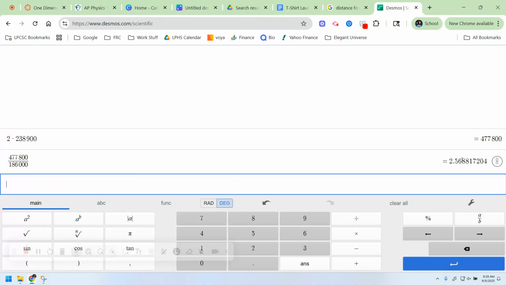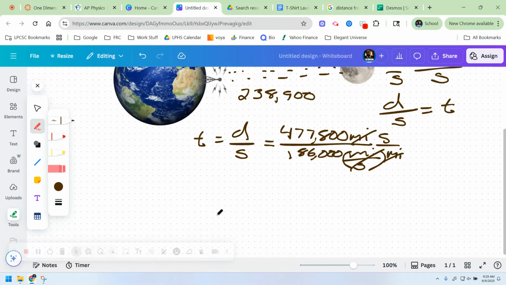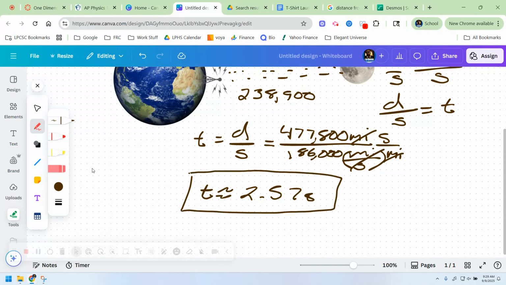If you rounded it to 2 decimal places, it'd be 2.57. So the time is 2.57. And that's it for that problem.